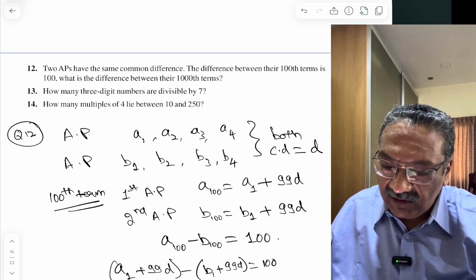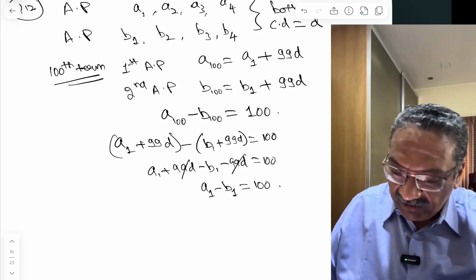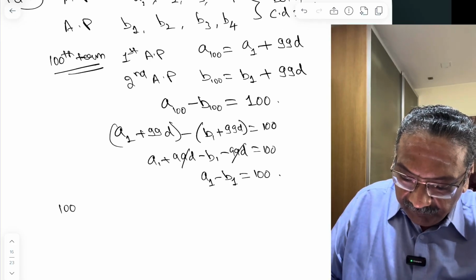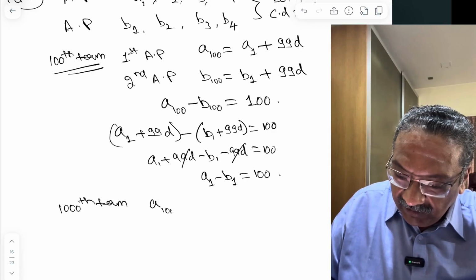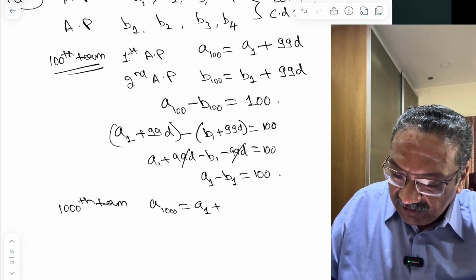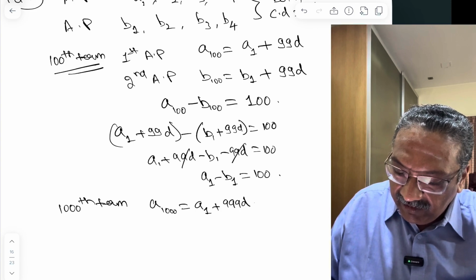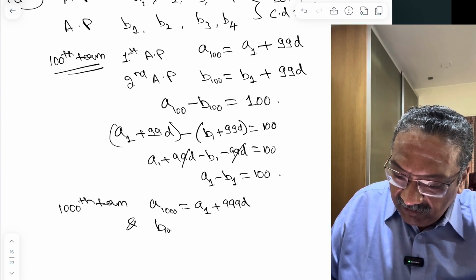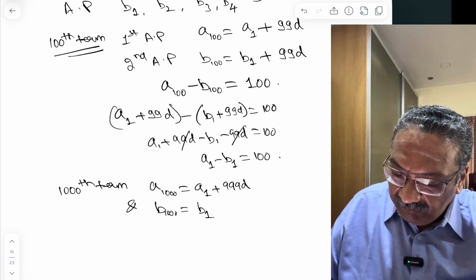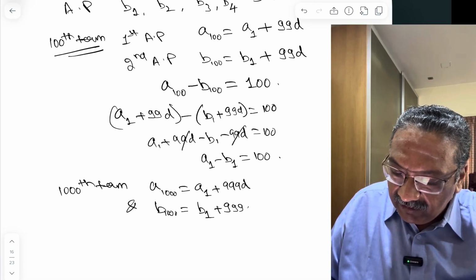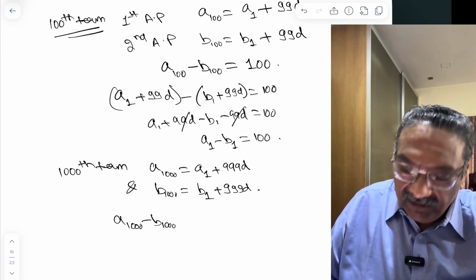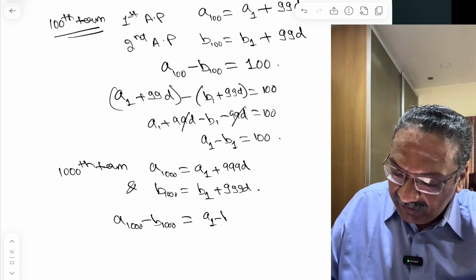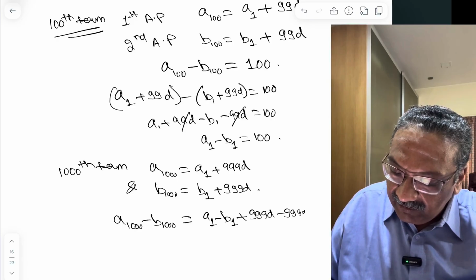Now, what have they asked? They have asked for the difference between their 1000th term. So the 1000th term is A1000 is equal to A1 plus 999D, and B1000 is B1 plus 999D. They have asked us A1000 minus B1000, which happens to be A1 minus B1 plus 999D minus 999D.